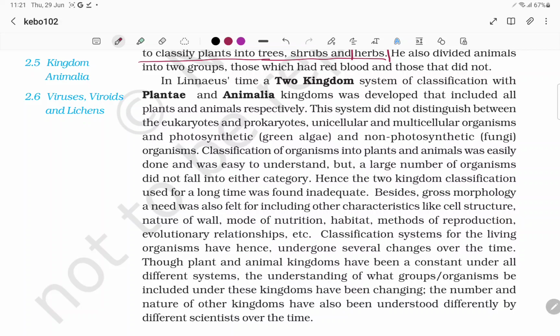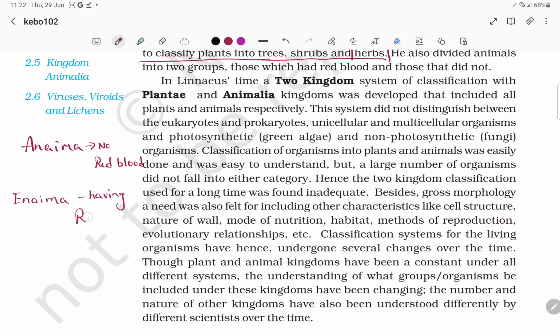So he has given one terminology. Let me discuss with you. Anaima, which means no red blood. Enaima, which means having red blood.